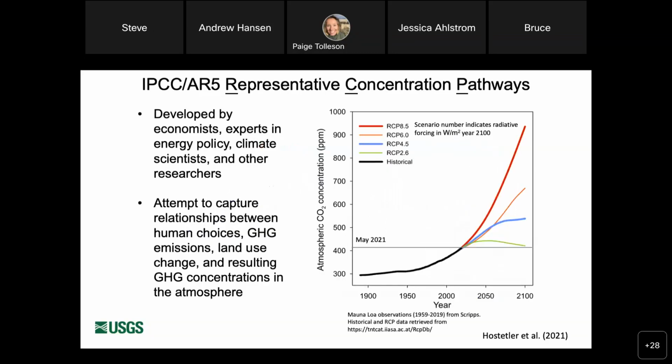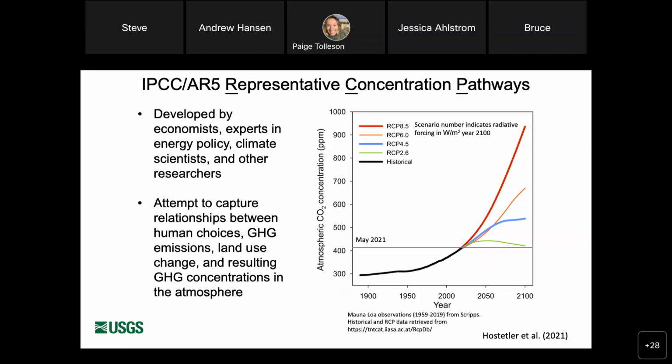And it looks like, at least in terms of the AR5 assessment and representative concentration pathways, that warming through the 1900s, 1950s, and so forth is related to the atmospheric CO2 levels. What I'm showing here are the RCPs that were considered for the last IPCC assessment.